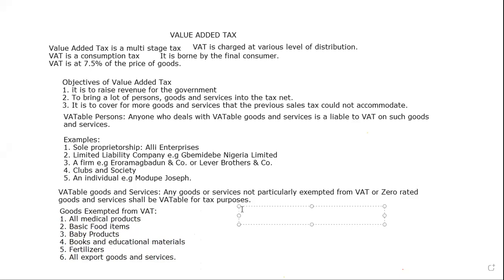Another thing we then need to look at is what are the services exempted from VAT. We have one, medical services. Two, we have all export services.